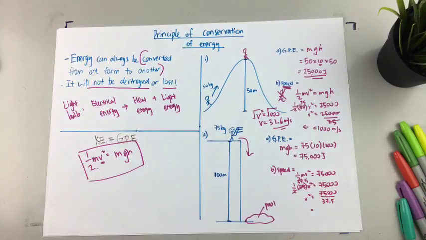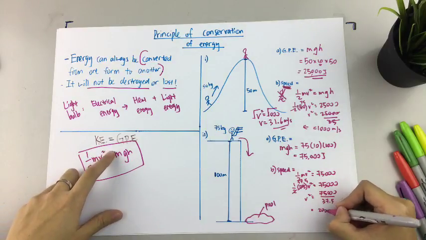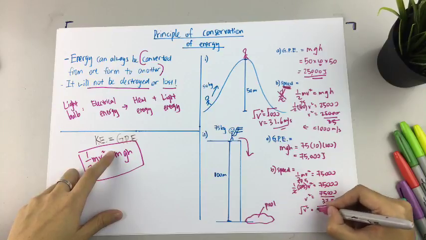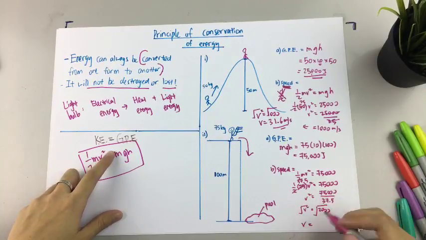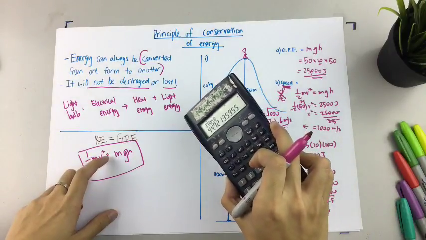So calculator again. See, so many calculations you need to do. So it will be 2000 for v squared. So square root for both sides, check the answer, 44.7.